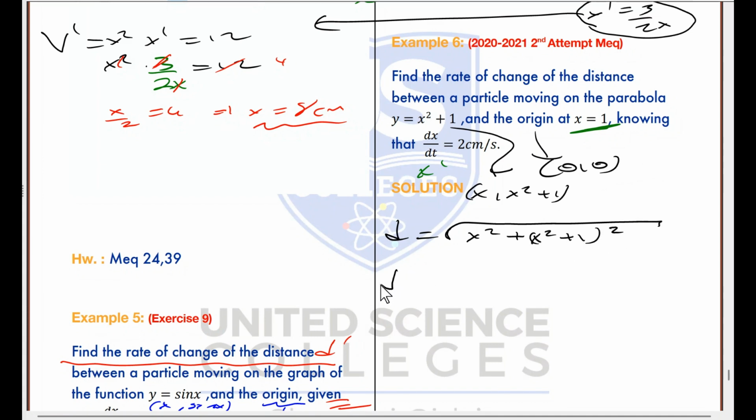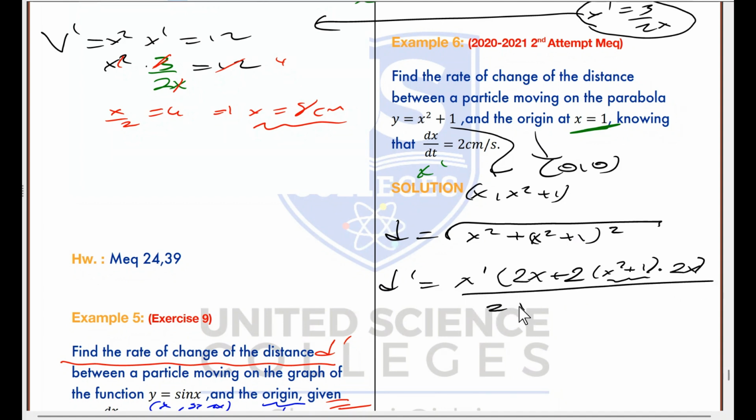When you take its derivative, d prime, there's x prime because we have x inside, and take the derivative of the inside, which is 2x times x prime, plus the derivative of this, apply the power rule, 2 times x squared plus 1 times the derivative of the inside, which is 2x x prime. I took it out as a common factor, divided by 2 square root of x squared plus 1 squared.